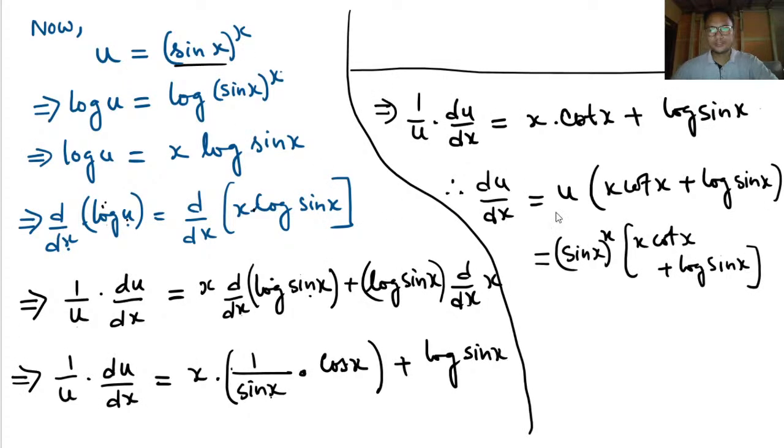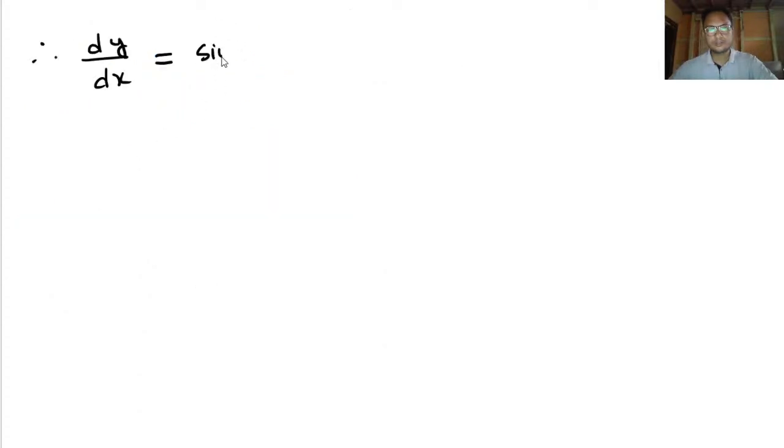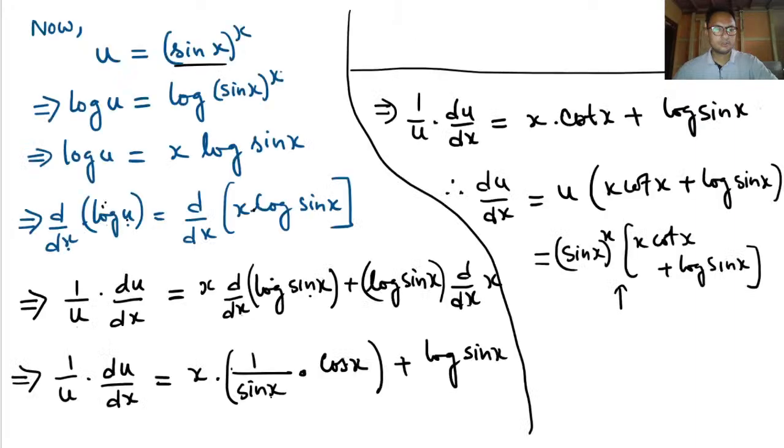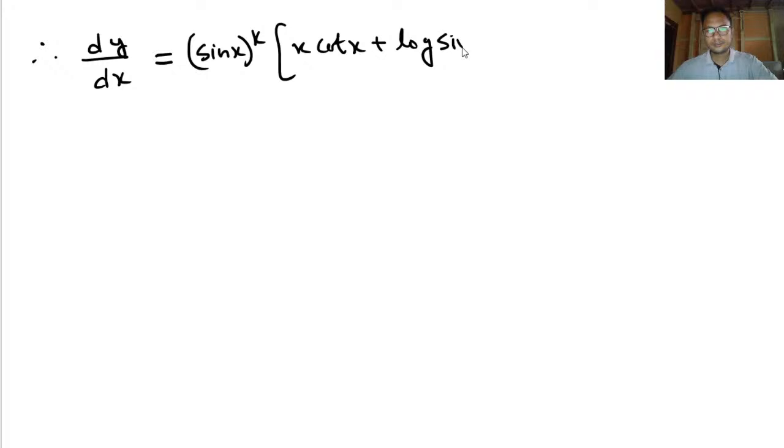Therefore, what is dy by dx? dy by dx is du by dx plus dv by dx. du by dx is sine x to the power x, into x cot x plus log of sin x, and dv by dx is 1 by 2 under root of x under root of 1 minus x, and this is your answer.